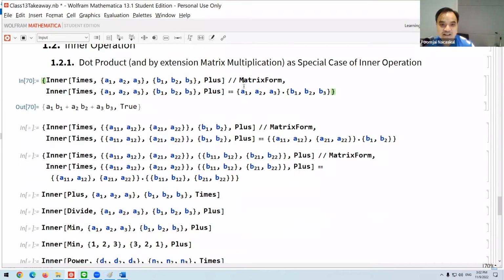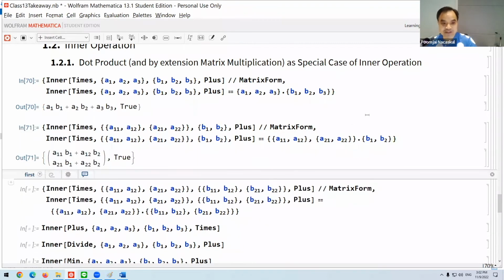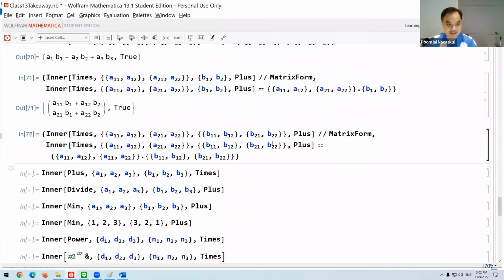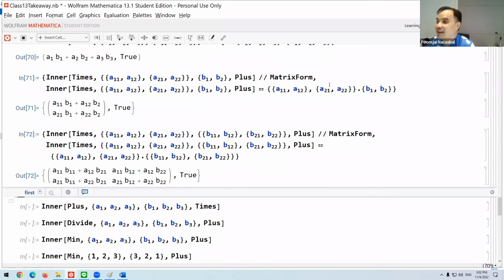So I can do vector dot product, and I can do the same thing with a 2x2 matrix by a vector of dimension 2, so 2x2 times 2x1. This is just checking that it does do the right thing.